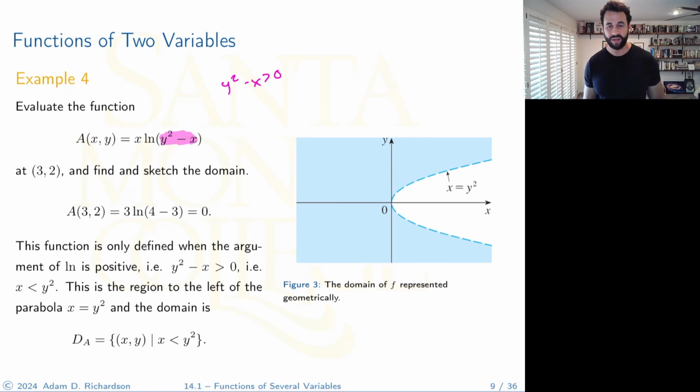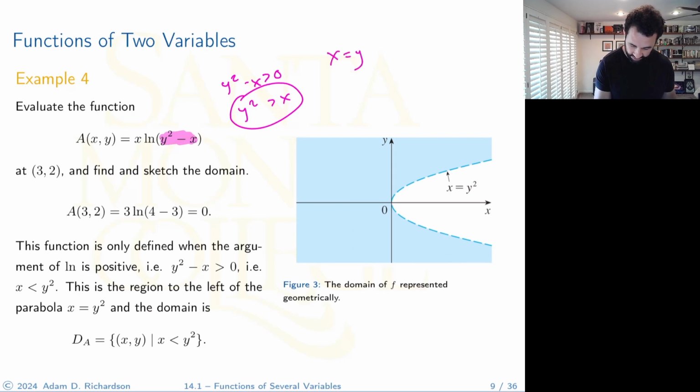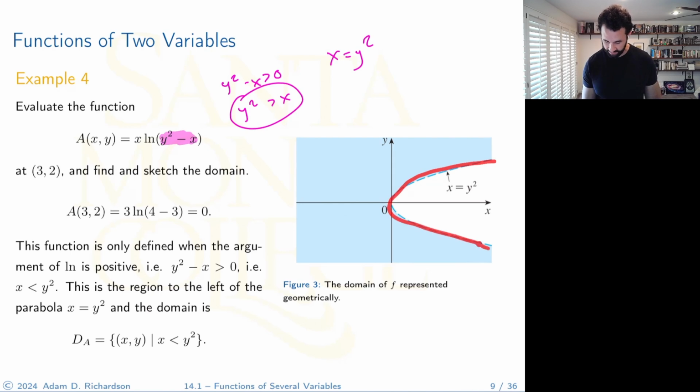In other words, we need y squared to be greater than x, right? That's the idea. And then if you look at where these are equal, you have a parabola x equals y squared. So that's this parabola indicated right here. And we need everything outside of that parabola, and not including the parabola.